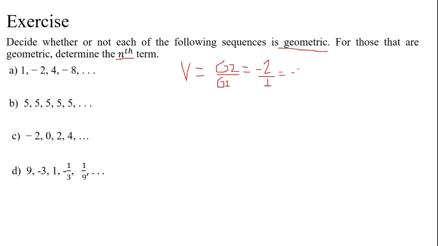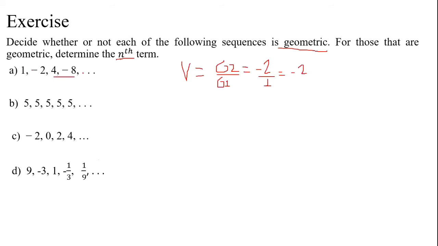And if we use G3 and G2, R can be calculated as 4 over -2, that is -2. And you can also use the last two terms, that means -8 and 4. So -8 over 4, we can obtain as -2. So as you see, this common ratio R is constant for each. So we can say that this sequence is geometric.